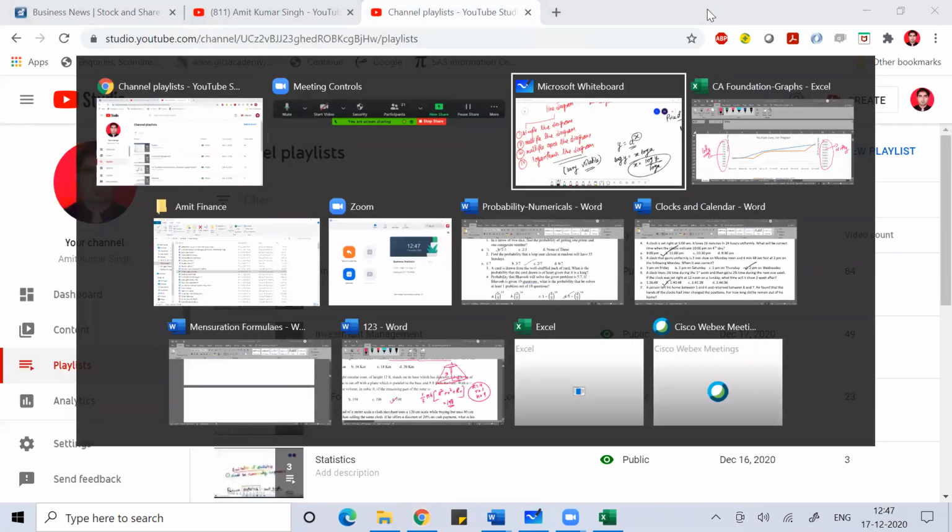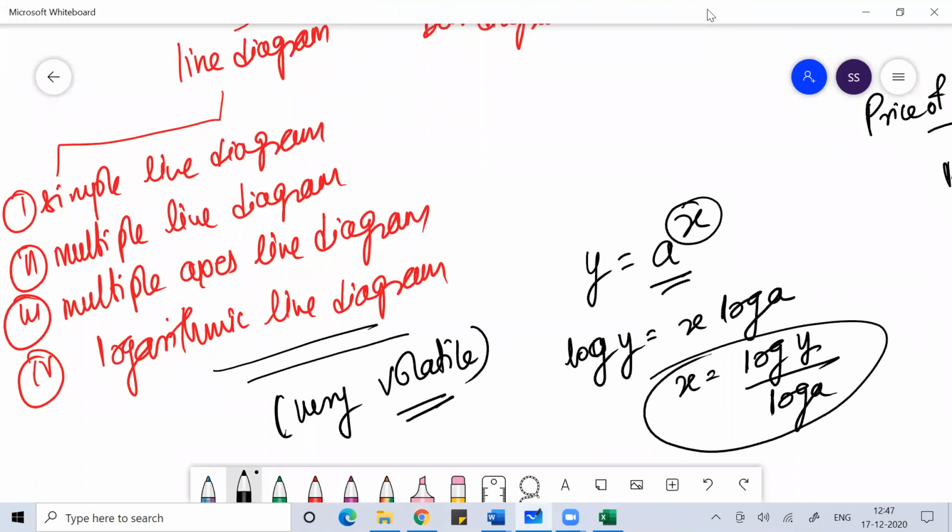So basically, we use logarithmic line diagram where we are trying to measure an unknown variable which is very volatile in nature.